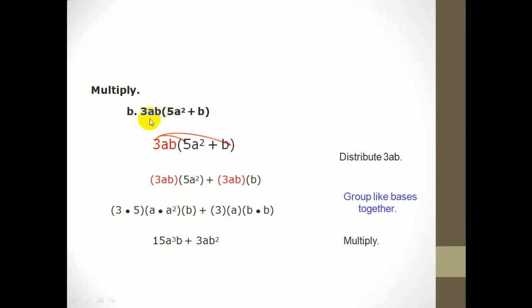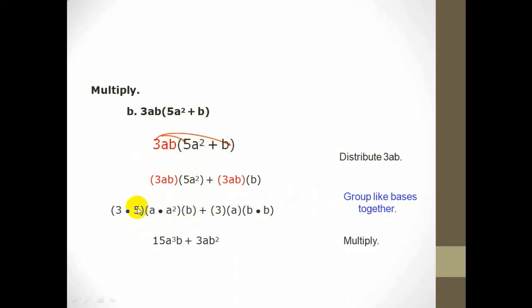Now another example, part B: 3ab into 5a square plus b. Distribute 3ab over 5a square and b. First of all, group like bases together: 3ab into 5a square plus 3ab into b. In this step we distribute 3ab over 5a square and b.